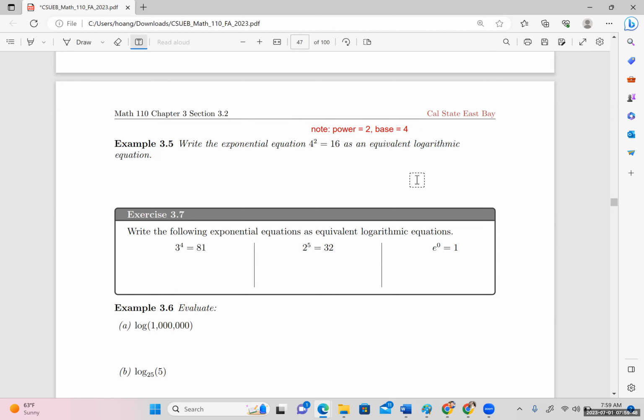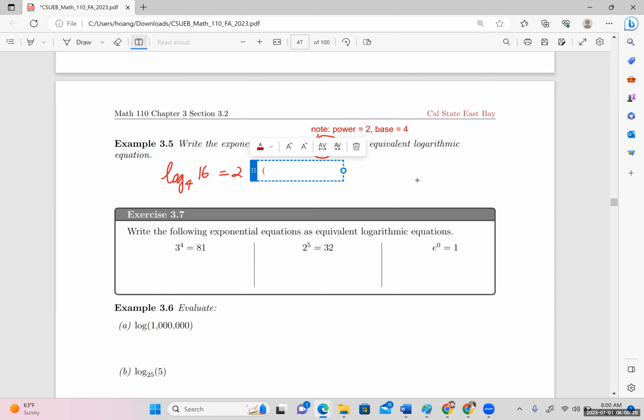So the question is, when you're trying to convert it to log, keep in mind that log is a power. Log is power, right? So then the power must be moved to the other side. So you will say log base 4 of 16 equal to 2, right?